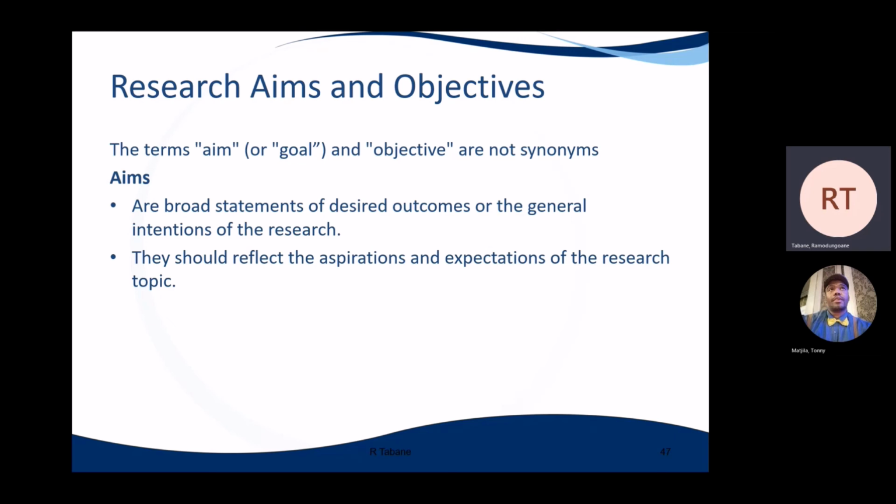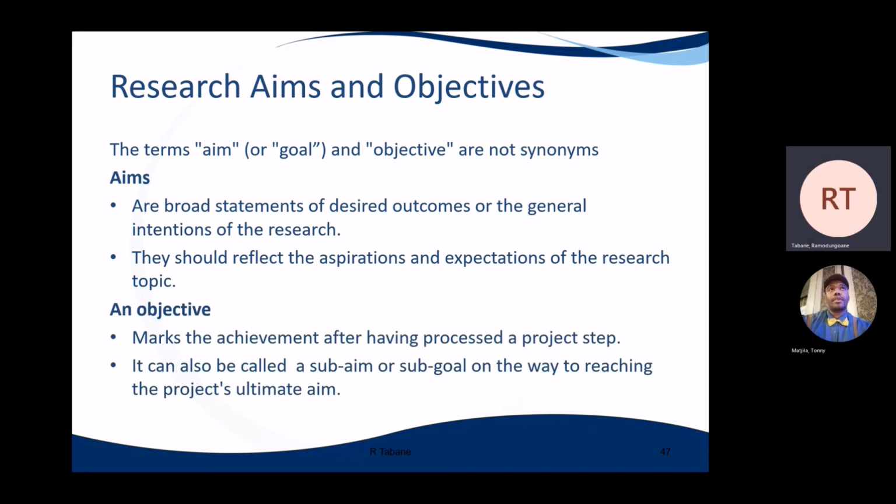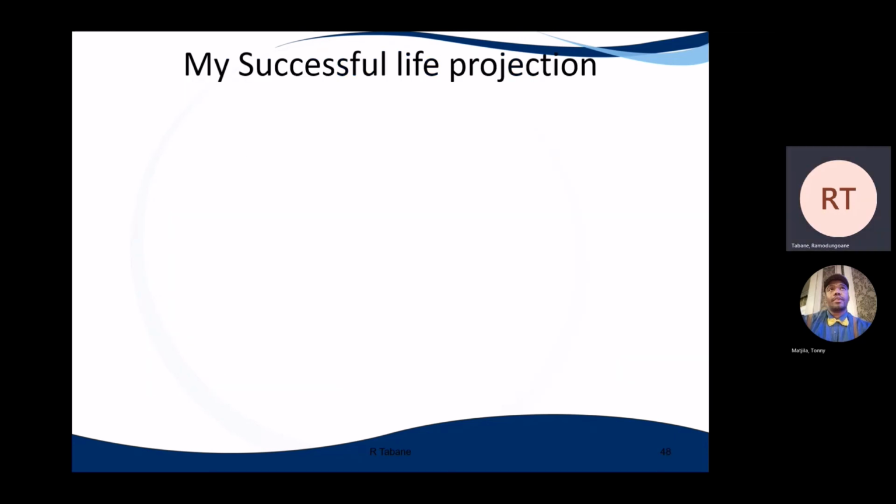So you're going to cut that aim and copy it and put it here in your aims and objectives of the study, because it's about the aspiration, where you want to go. Whereas an objective is a step-by-step indication of how you're going to get to your aim. Aim is broad, objective is step-by-step.